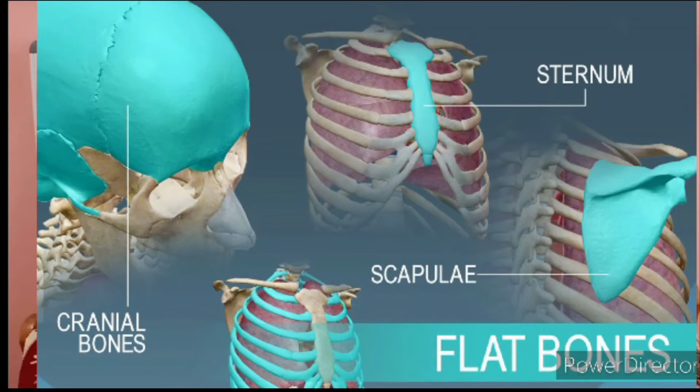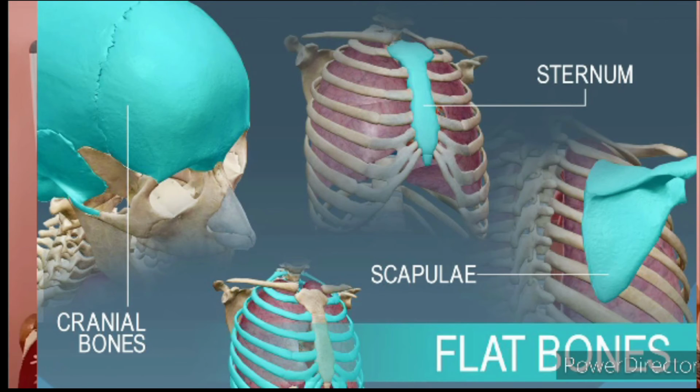Then come the flat bones. Flat bones are composed of two or more parallel plates of compact bone. They are strong bones, and they provide protection to the vital organs of your body and act as a base for muscular attachment. These bones help in the attachment of the muscles to your body along with your skeleton system.